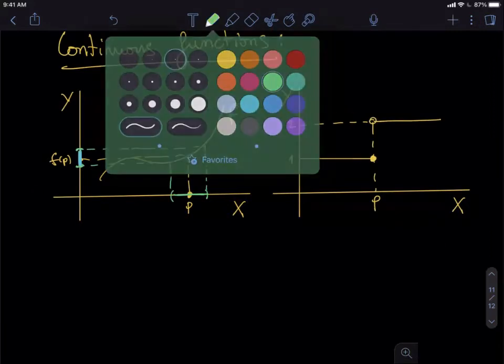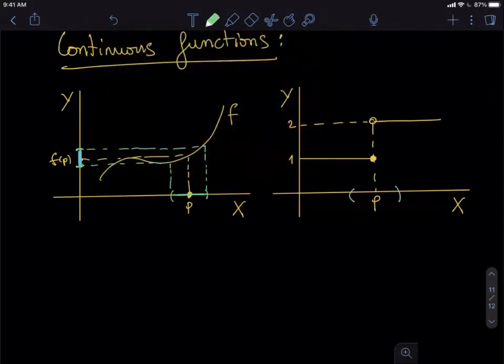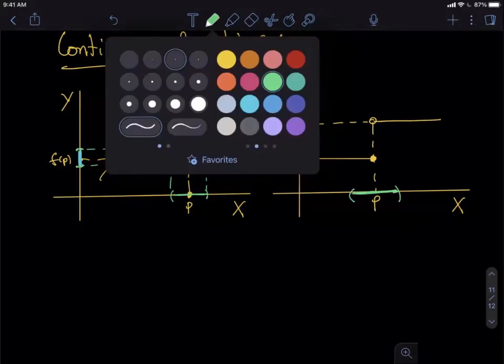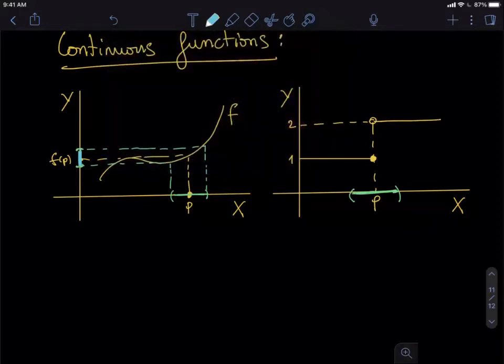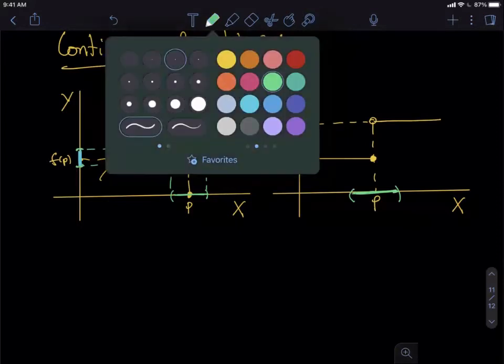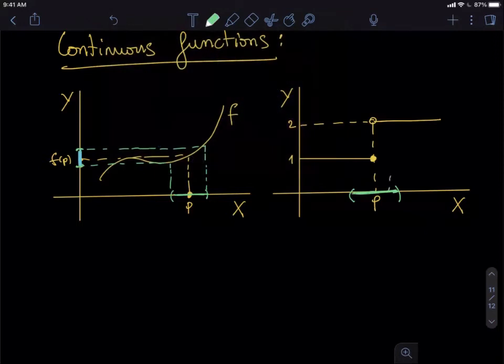So in this case, whenever we take some interval around P, that can be as small as we want, what is going to happen? Actually, let me continue with green. The points on the right of P are going to map to 2, so those are going to land in here at 2.